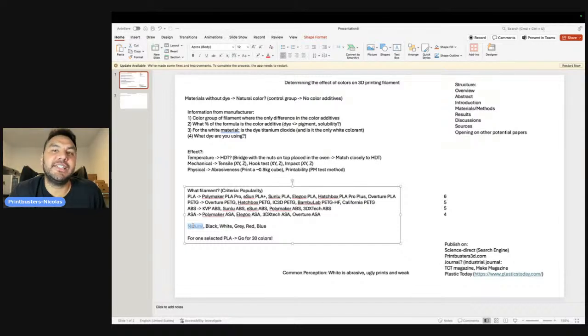We're going to test one batch of black, one batch of white, one batch of gray. So we don't really need batch-to-batch consistency because we only test one batch, right? If we were to test a lot of different blacks, like how different printing temperatures affect a filament, then we would try to use the same batch for that purpose.